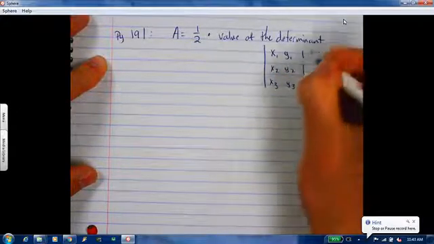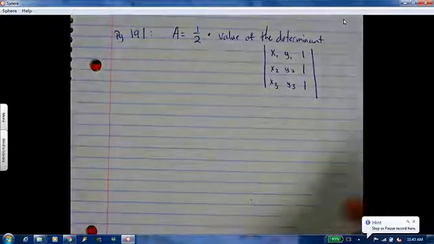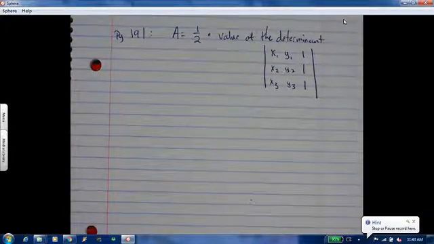And we'll look at an example with this. So it's 1/2 of this determinant.